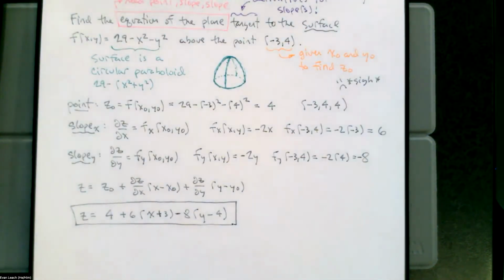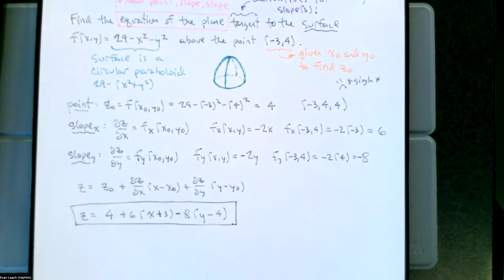We're following the same progression that we did in Calc 1. We learned how to take derivatives. Then we use those derivatives to find the equation of the tangent line.